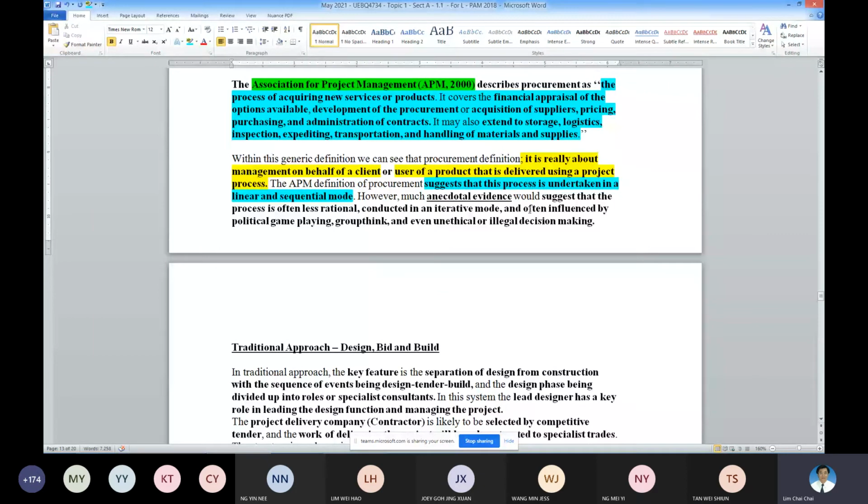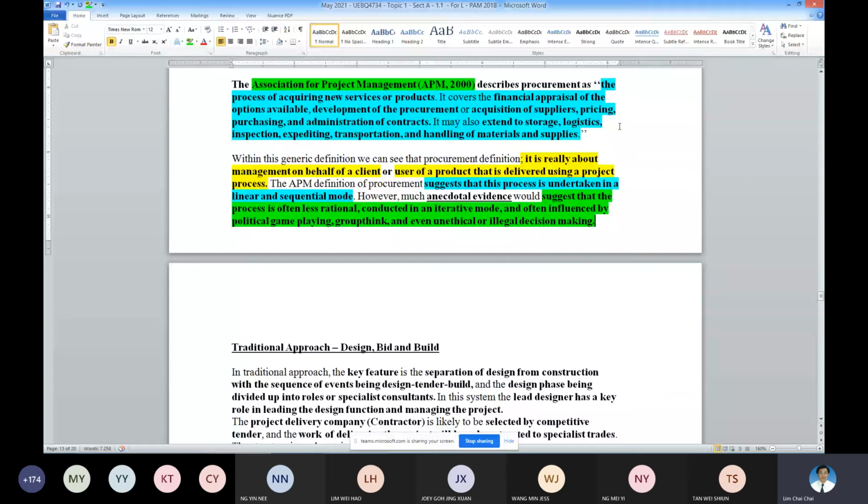Sometimes I suggest that the process is often less rational, conducted in repetitive mode, and often influenced by politics and so on. This is quite true in certain countries. A lot of political influence, pressure groups, and unethical decision making. This is procurement in the construction environment, because a lot of money is involved.